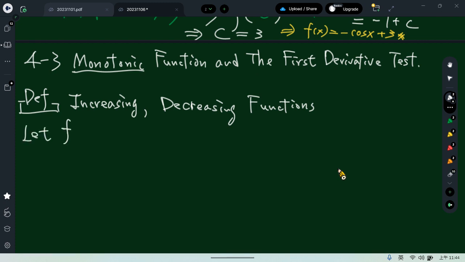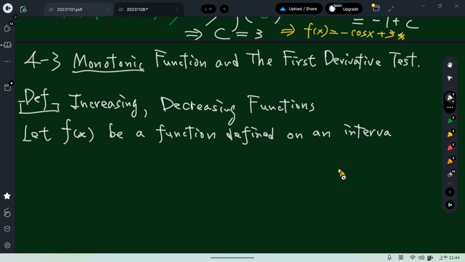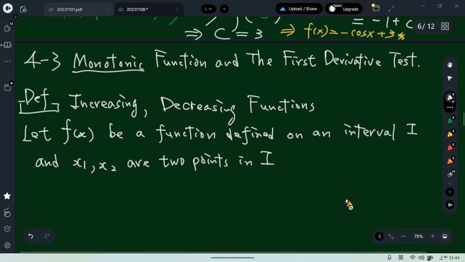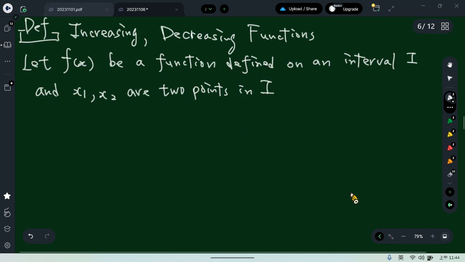Therefore, let f of x be a function defined on an interval I. Big I means the interval, okay? And x1, x2 are two points in I. So I give you an interval I, and then I randomly pick two points from this interval, x1 and x2.